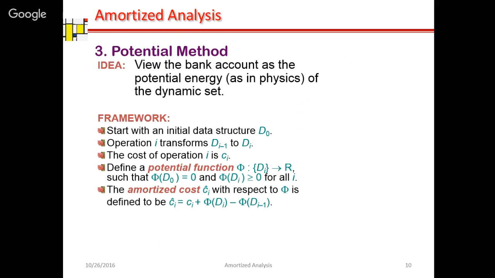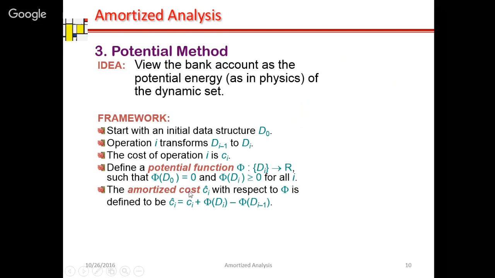Then we define the potential function phi, which maps each data structure D sub i to a real number, such that phi of the initial data structure D sub 0 equals 0, and phi of D sub i is greater than or equal to 0 for all i operations.